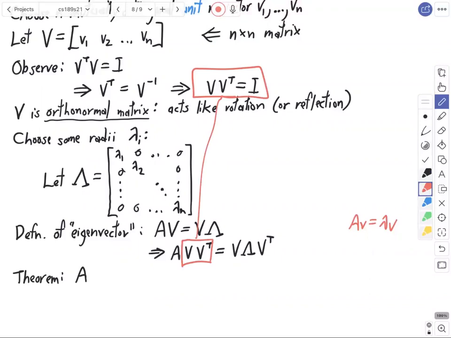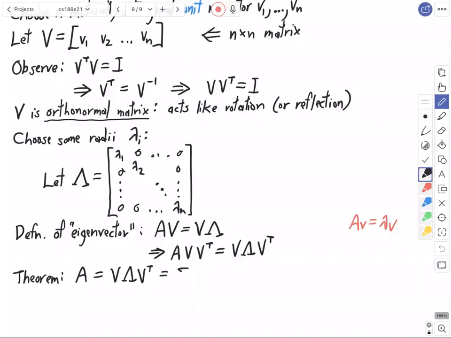That cancels out, so we can shorten this to just A on the left-hand side. If you define your matrix A to be V times capital lambda times V transpose, then it has the eigenvectors and eigenvalues that we have chosen.